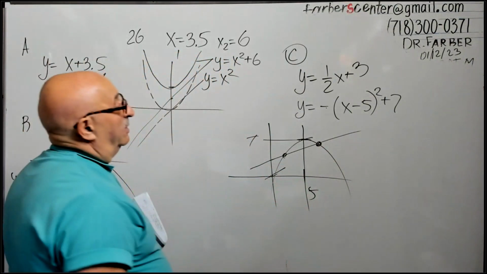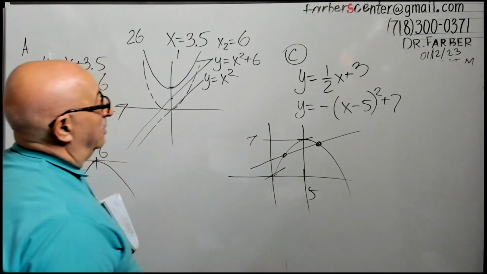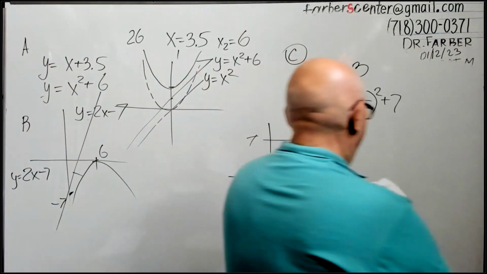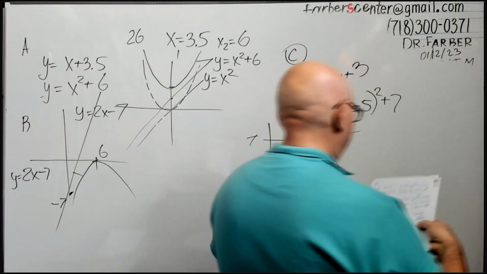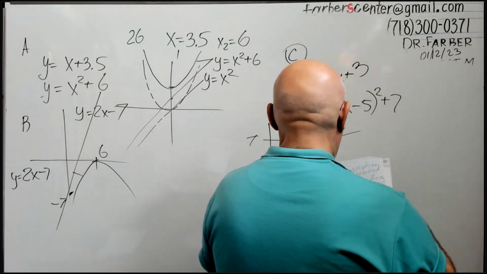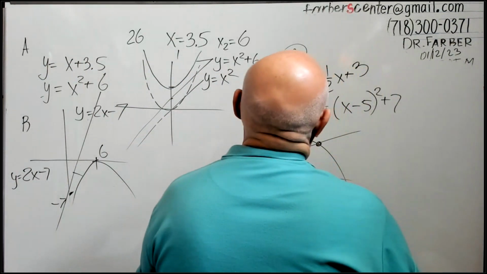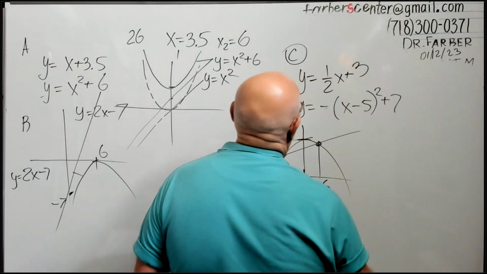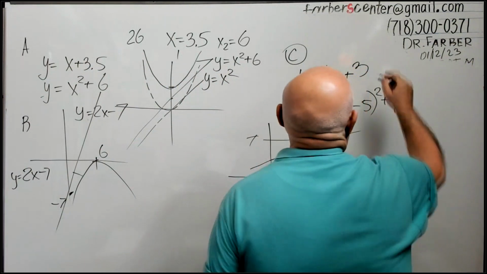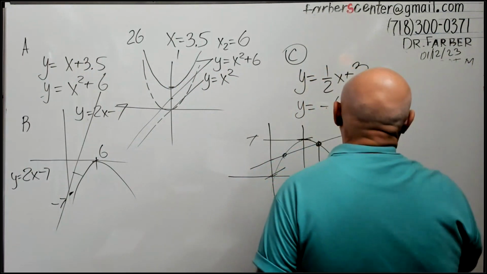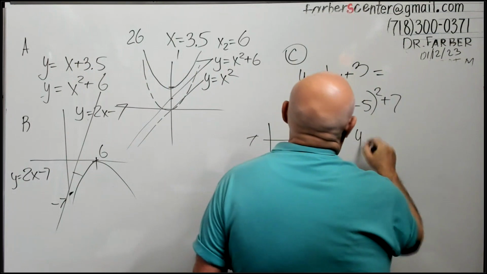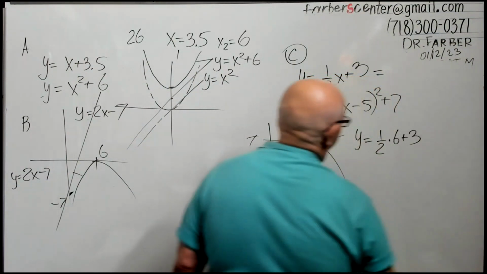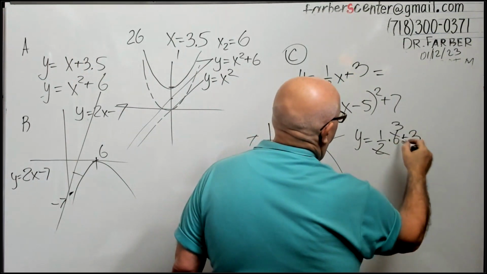To be sure, if you want to check if it perfectly works, you can substitute and set these two equations equal. Since they give you x equals 6, plug in 6 here. y equals 1 over 2 of 6 plus 3. 2 goes into 6 three times, 3 plus 3 is 6.